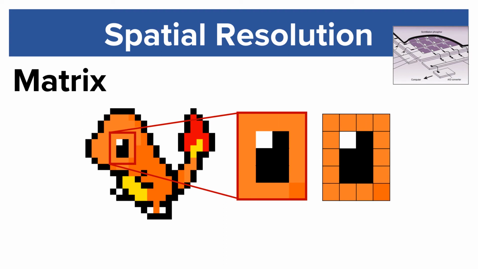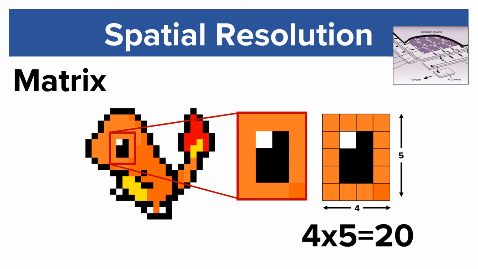A matrix is the layout of pixels in rows and columns and the total number of pixels in the image. For example, Charmander's eye has a matrix of 4 pixels across and 5 pixels high for a total matrix size of 20.